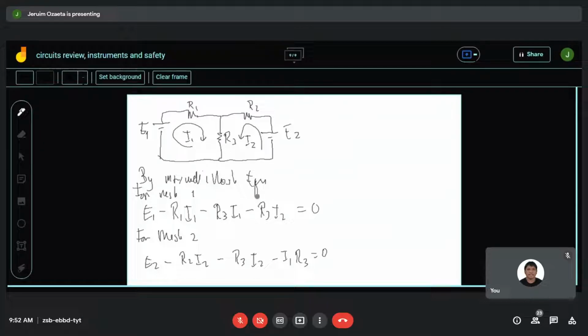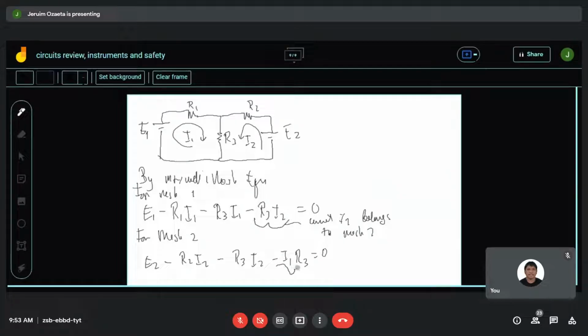In mesh 1, we included I sub 2, which actually belongs to mesh 2.